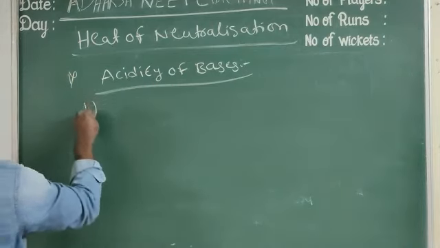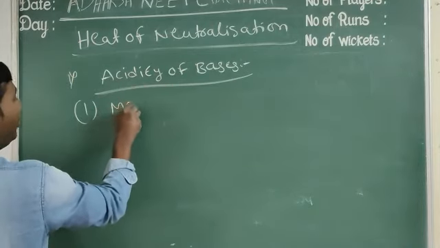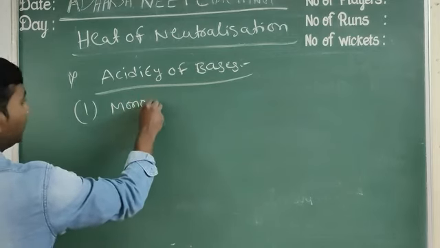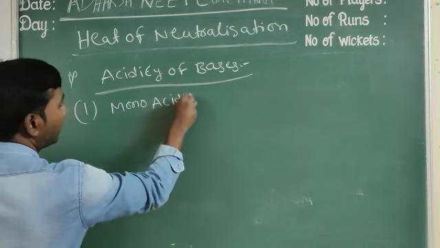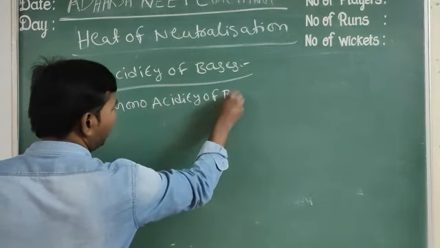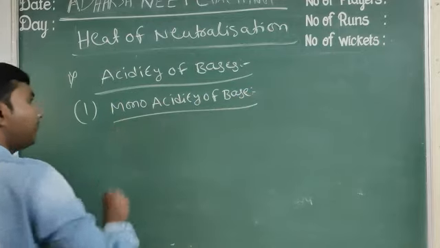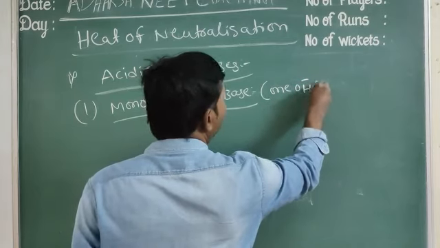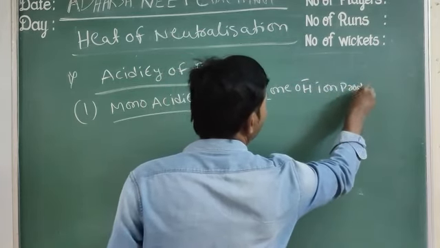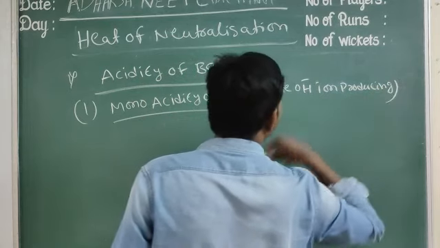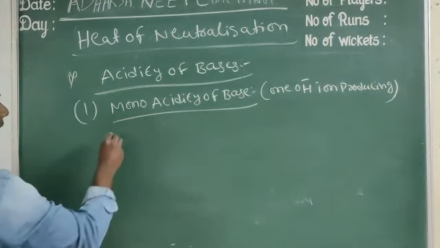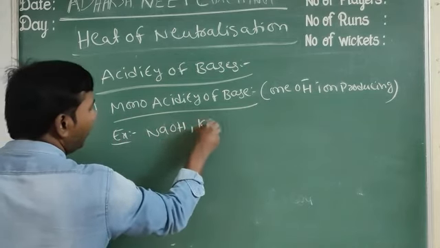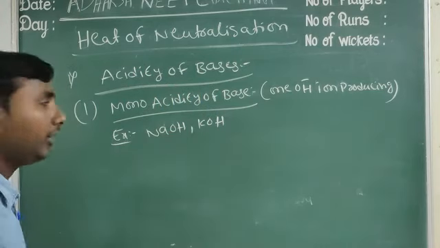Okay, for example, mono acidity of base: only one OH minus ion is produced. Examples: NaOH and KOH.